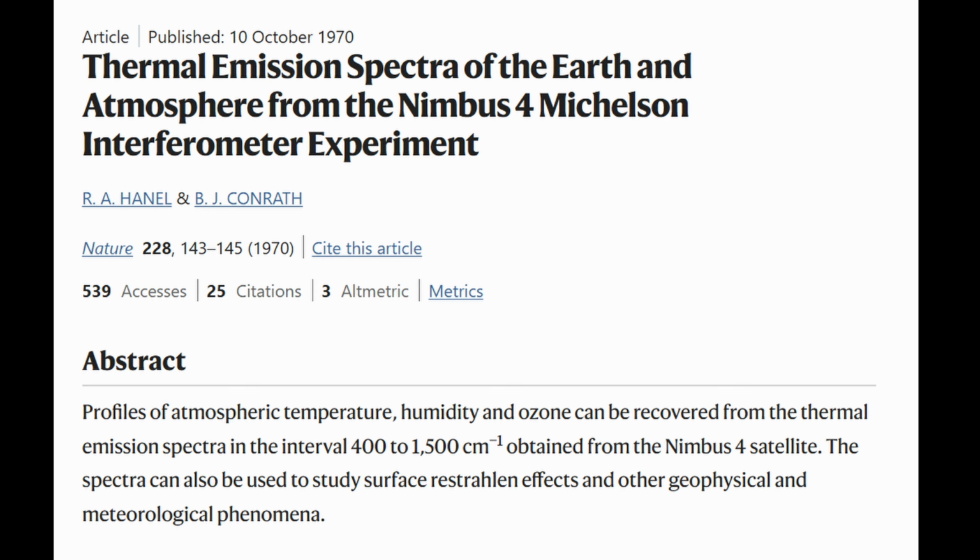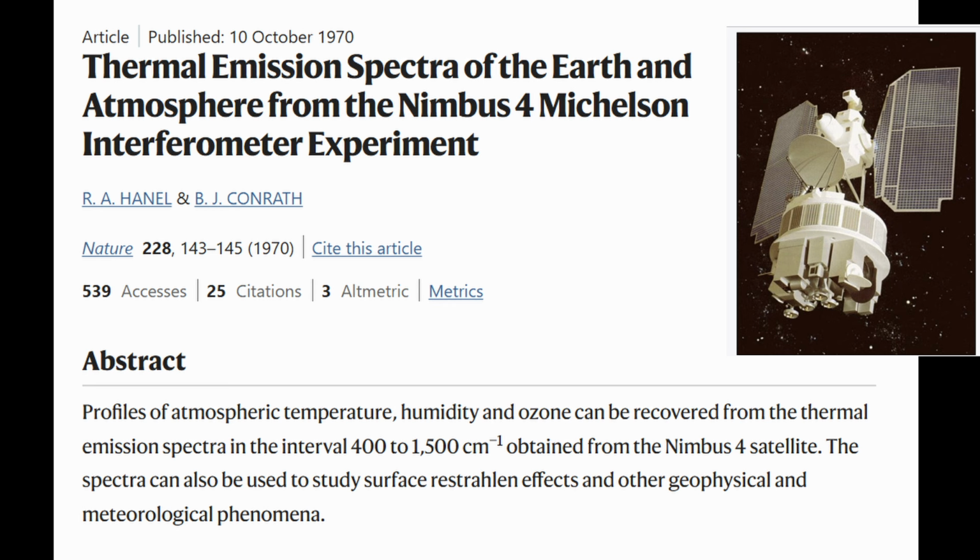So we're going to look at this paper and several others. Papers like this one that use ground-based instruments to detect the extra radiation coming down, as well as papers that use satellite instruments that have measured the reduction in radiation going back out to space. So the first ever paper published that looked at energy emitted by the Earth from a satellite was Hanel and Conrath 1970 using the Nimbus 4 satellite.